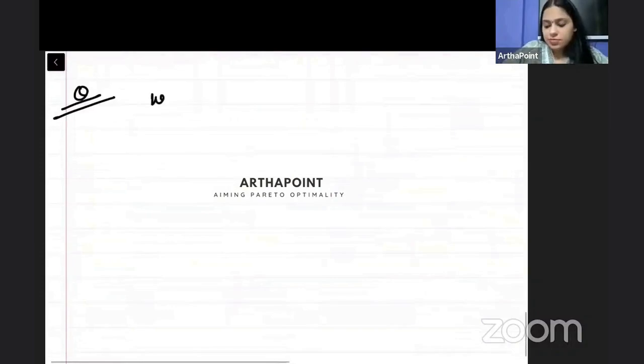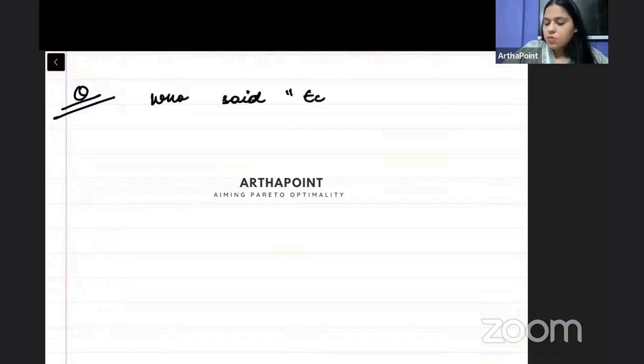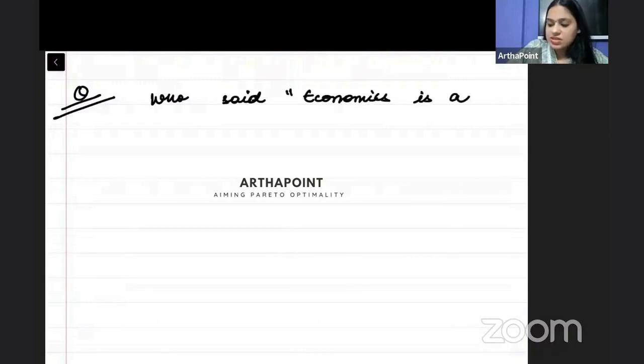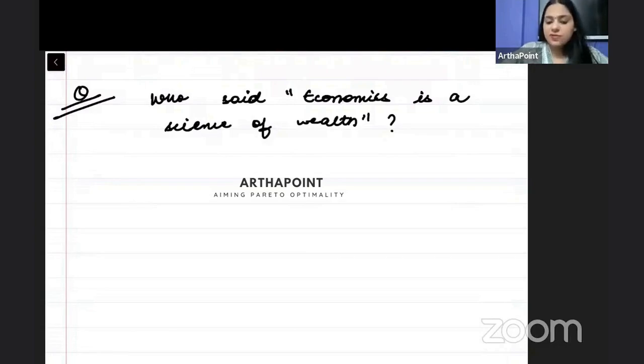Who said economics is a science of wealth? Who said economics is science of wealth? Option number A, Marshall. B, Robbins.